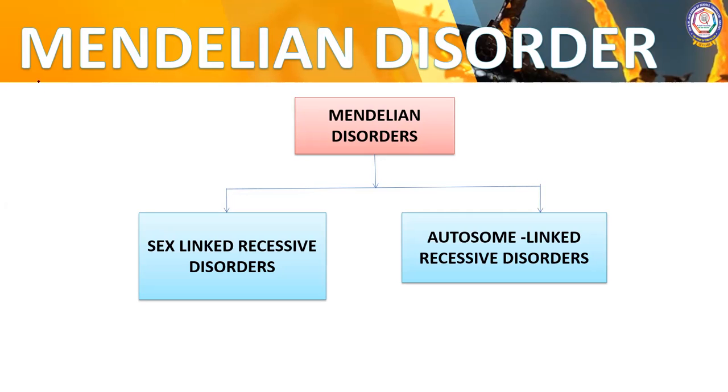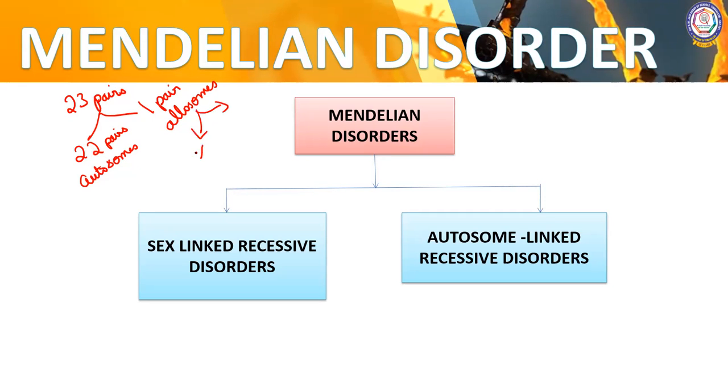Actually, in human chromosomes, we have 23 pairs of chromosomes. In 23 pairs of chromosomes, 22 pairs are autosomes. This is very important to mention, pairs. And one pair allosomes, which determines the sex, whether the individual is male or female.